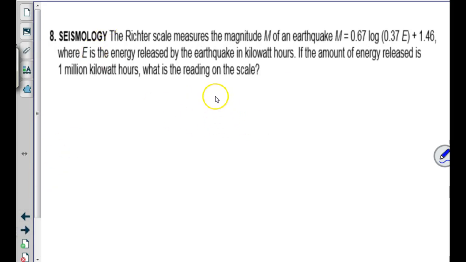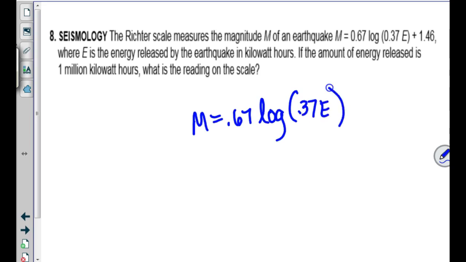This is M equals 0.67 log of 0.37 E plus 1.46. Lovely. Where E is the energy released in kilowatt hours. If the amount of energy released is 1, so we're supposed to put a 1 in where? For E. Yep, we're just supposed to put the 1 in here.